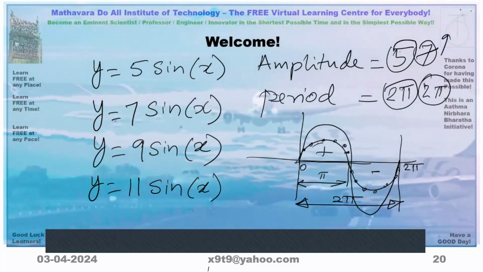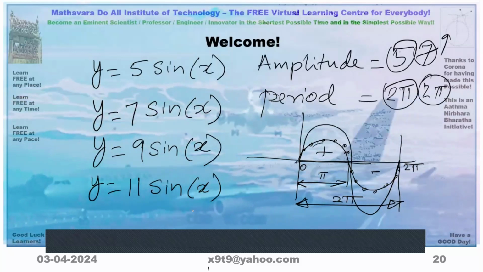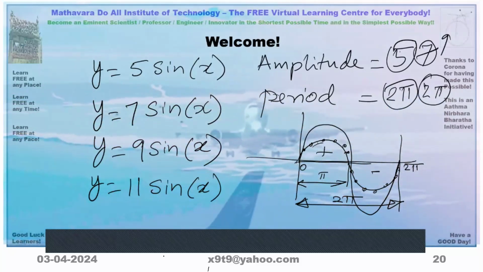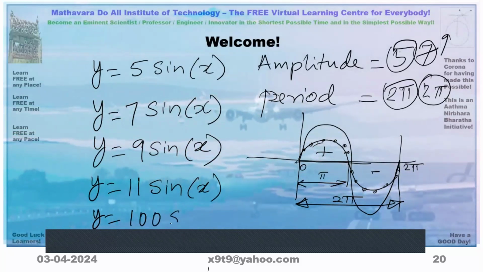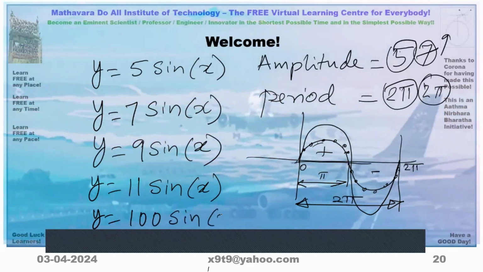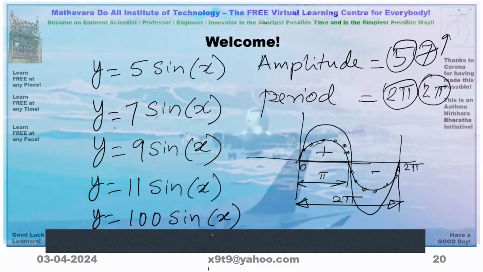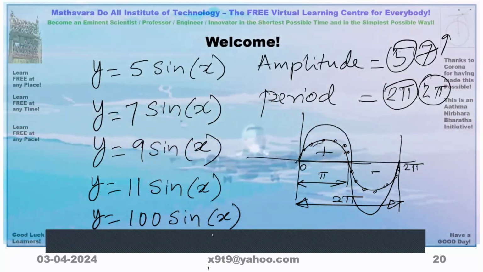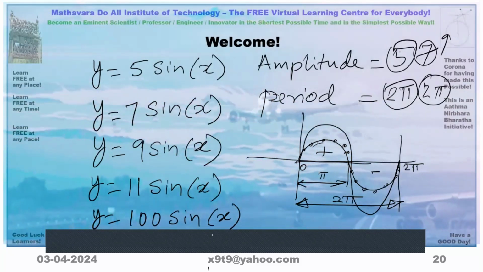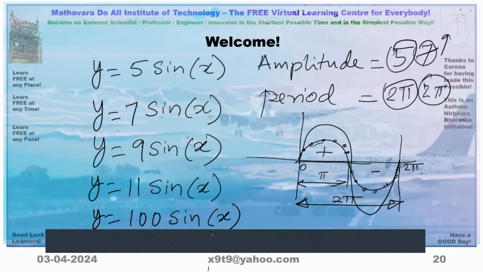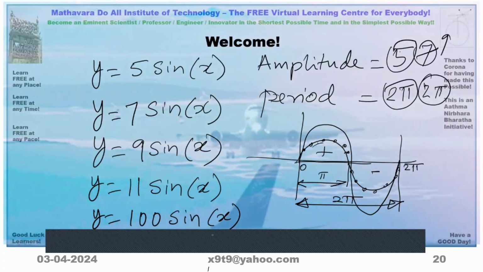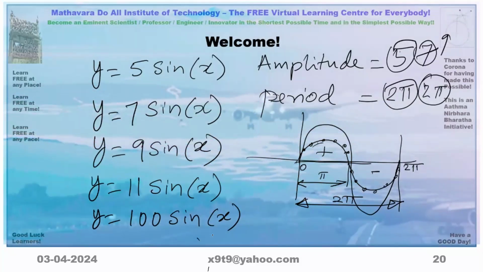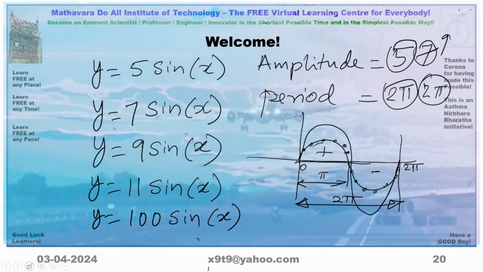What is the period? 2 pi. See, y is equal to 100 sin x. What is amplitude? 100. What is period? 2 pi. Correct. Very good. So you are able to now understand correctly.